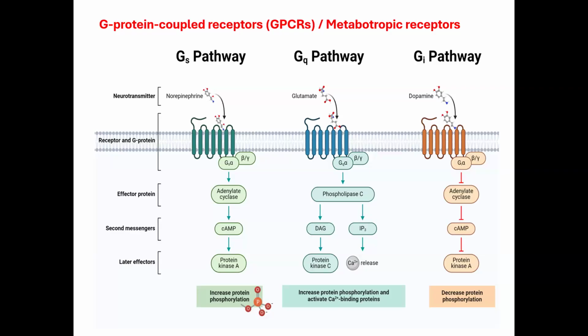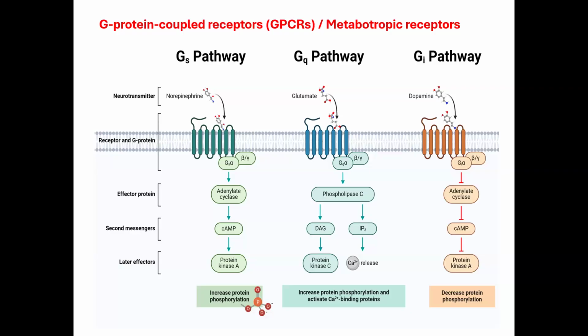Yet for Gs, we are seeing cyclic AMP, and for Gi, we are seeing cAMP, which is basically cyclic AMP. And I've tried to explain the difference between a Gi and a Gs. Gi is usually inhibitory in nature, and Gs is usually stimulatory in nature when it is released.